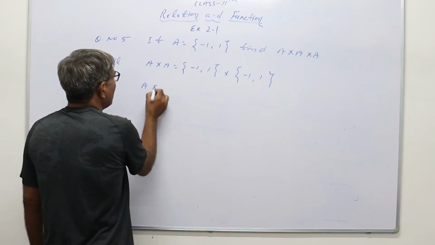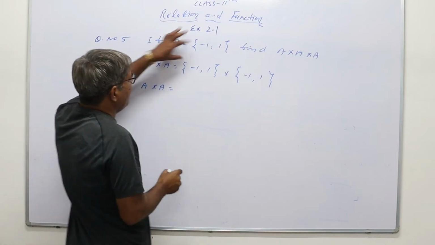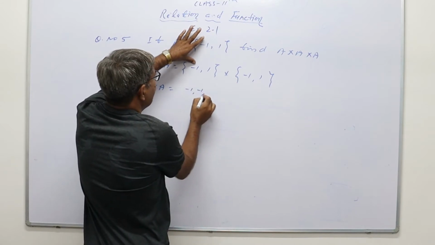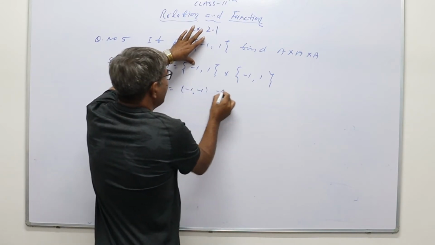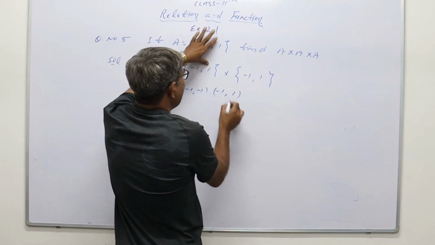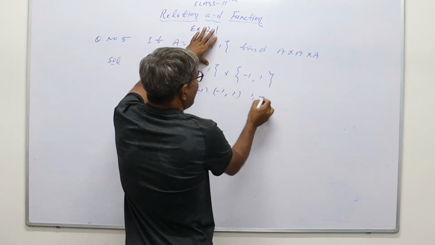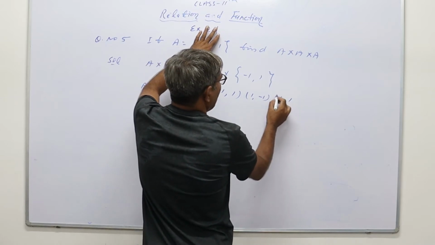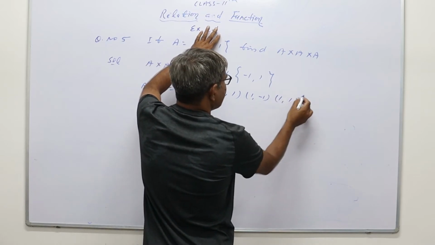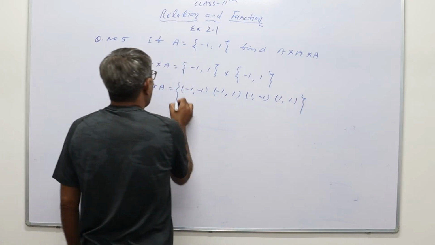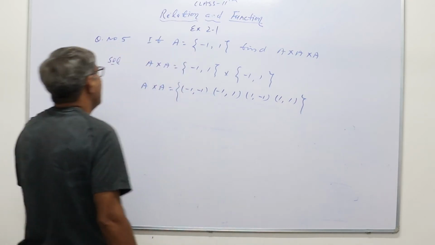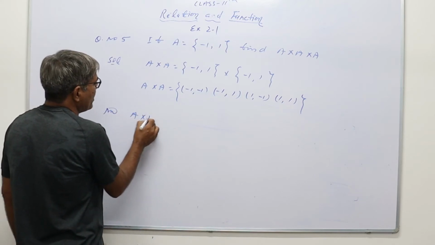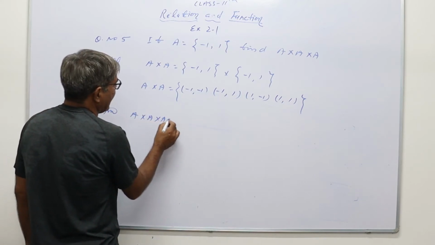So for A cross A, it will be first (-1, -1), then (-1, 1), then (1, -1), and then (1, 1). So this is the A cross A. Now we have to find A cross (A cross A).